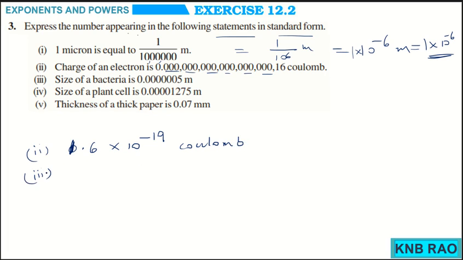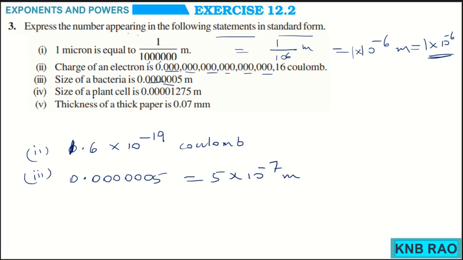In third question, size of the bacteria, you have got 0 point, after 0, 3 and 3, total 6 zeros are there, which means it can be written as 5 into 10 to the power minus 7.